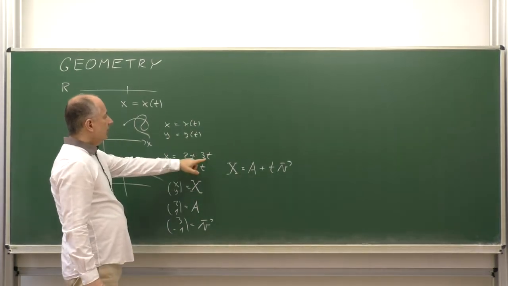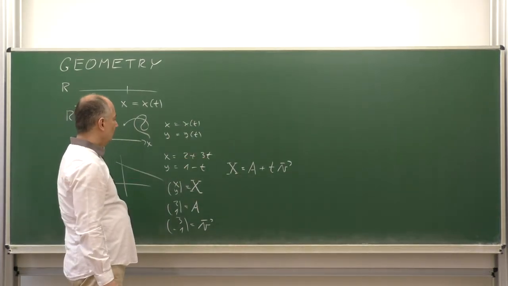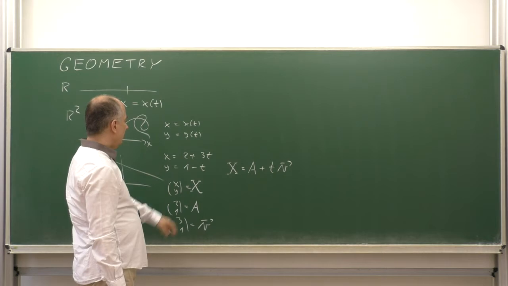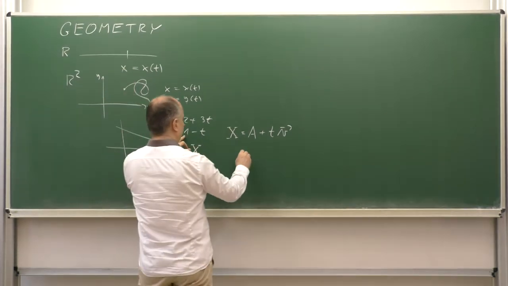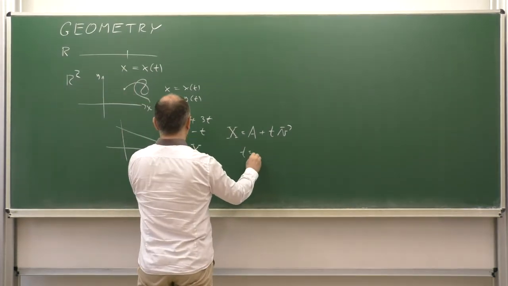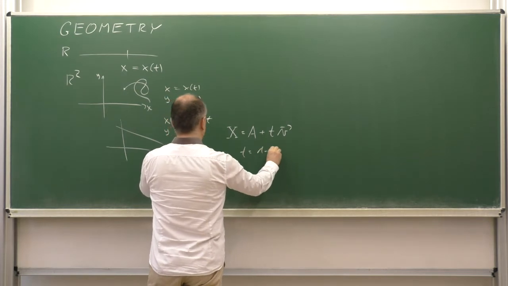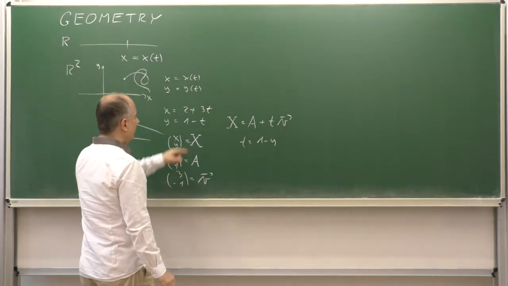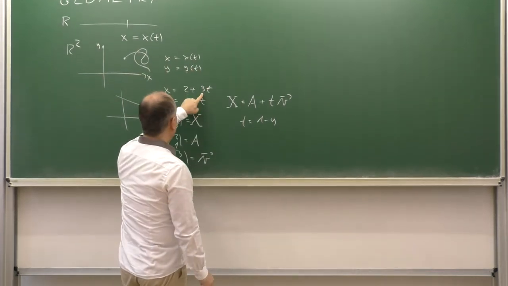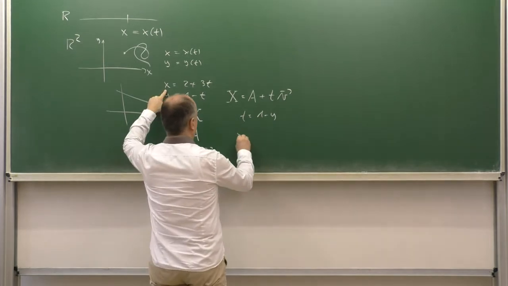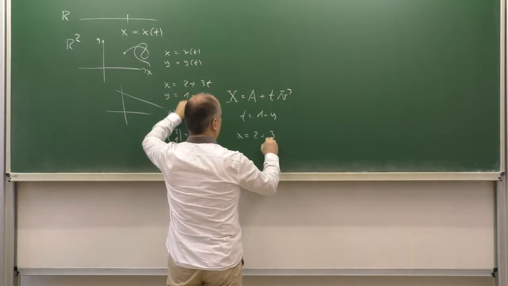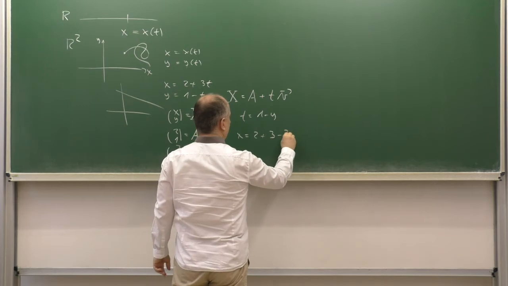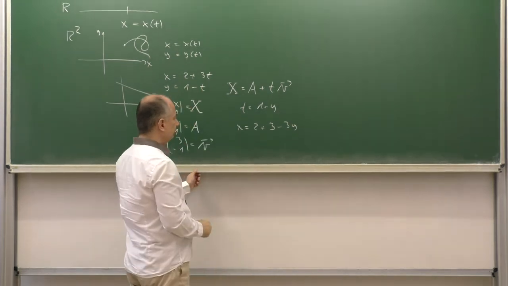If we remove t, it could be done by expressing t from the second equation to get 1 minus y. And if we substitute this t here, we get x is 2 plus 3t, that means plus 3 minus 3y.